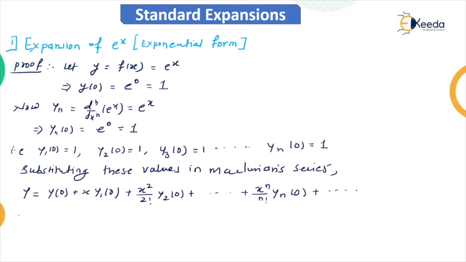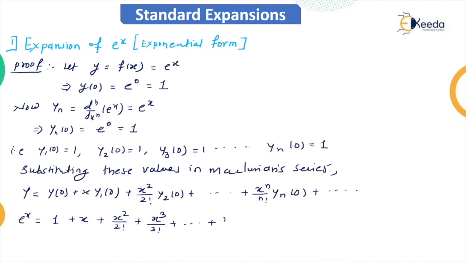So substituting these values, substituting y0, y1 in this Maclaurin series, you will get y, which is e to the power x, equal to y of 0, that is 1, plus x into y1 of 0, that is also 1, plus x square divided by 2 factorial into y2 of 0, that is also 1, plus x cube divided by 3 factorial into 1, plus, and so on.